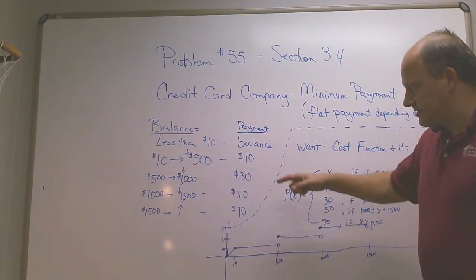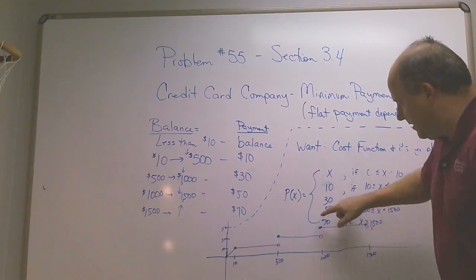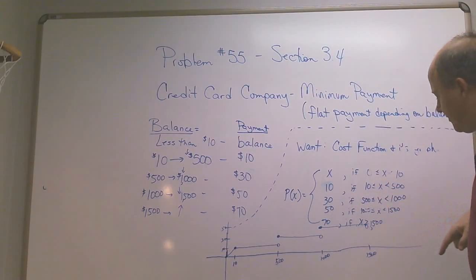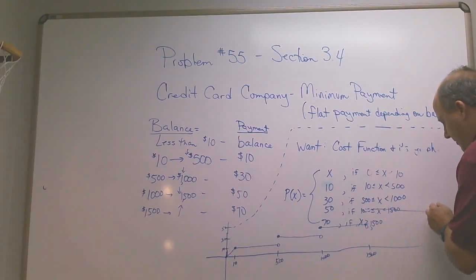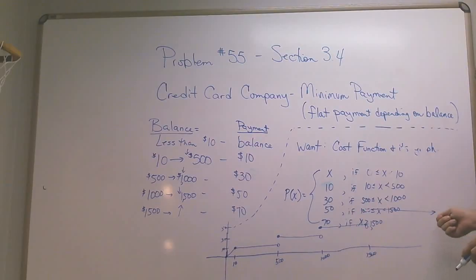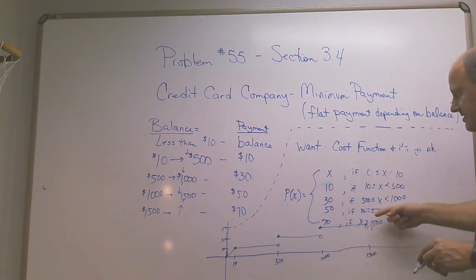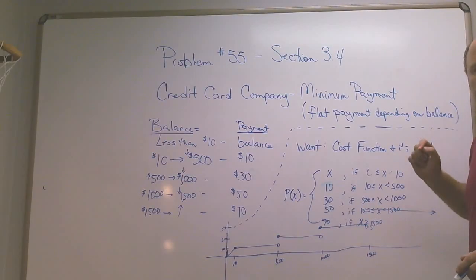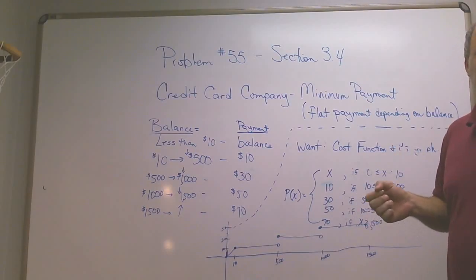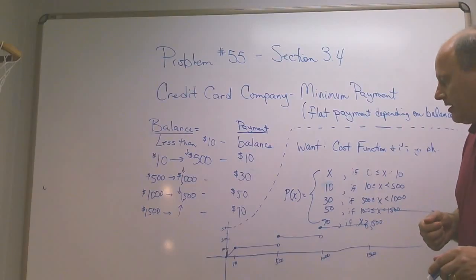If it's $1,500, then it's just one more step up to $70. The only difference is that last line will have an arrow because it stays at 70. There is no right dot. It'll stay at 70 no matter what you owe. Whether you owe $1,600 or $25,000, it's still $70.